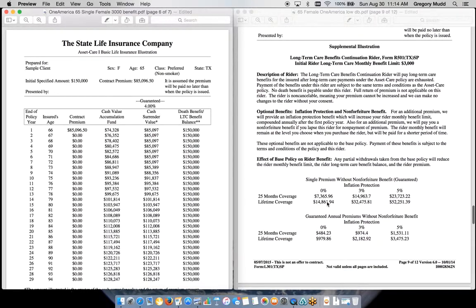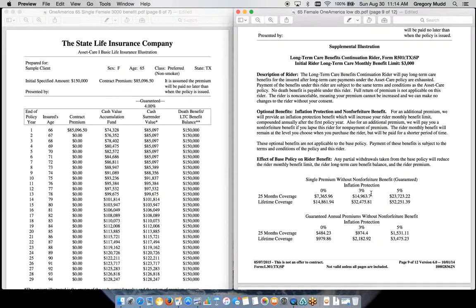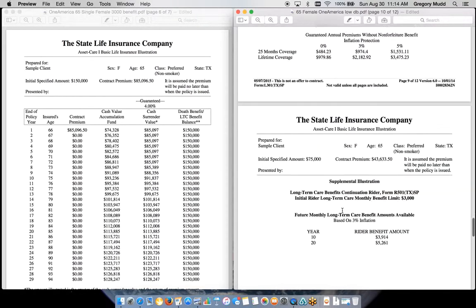So what we see here is the option for 25 months of coverage or lifetime coverage, and we see 3 inflation options: 0, 3%, and 5%. We're using 25 months of coverage with 3% inflation, and there's our almost $15,000 cost for the rider. But you can see what the differences would be when you're using the single premium amounts.